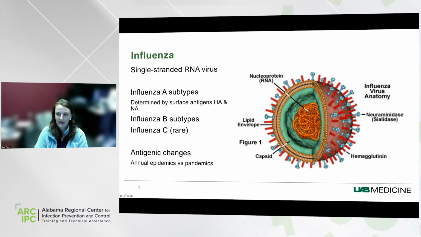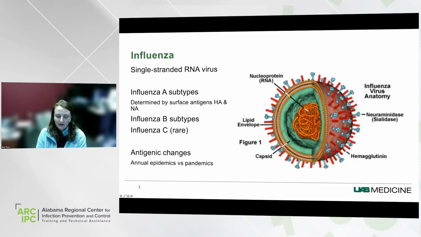Unlike influenza A subtypes, where there are a lot of different subtypes with those HA and NA combinations, there are only two subtypes of B, so the Yamagata subtype and Victoria subtype. And then influenza C is really not very relevant to causing human disease. It's rather uncommon, so just to acknowledge that it's there, but we won't spend any time talking about it.